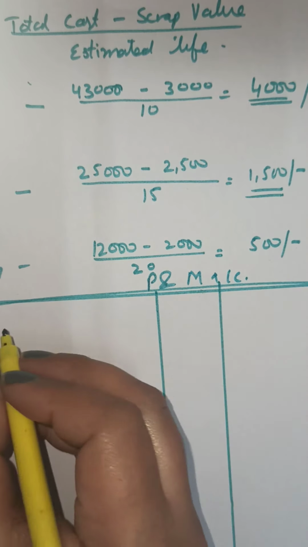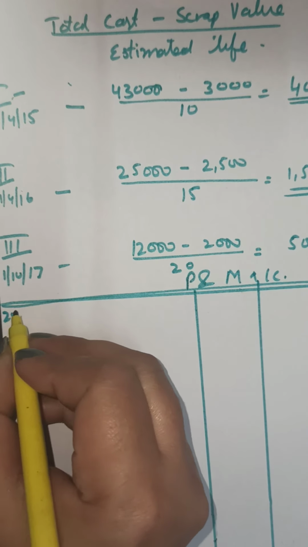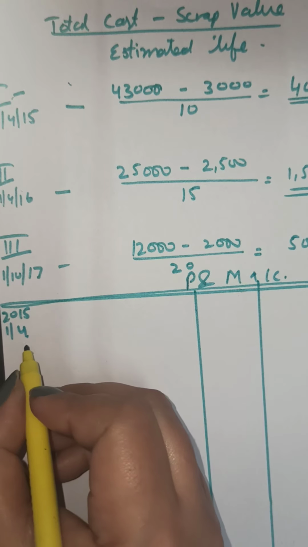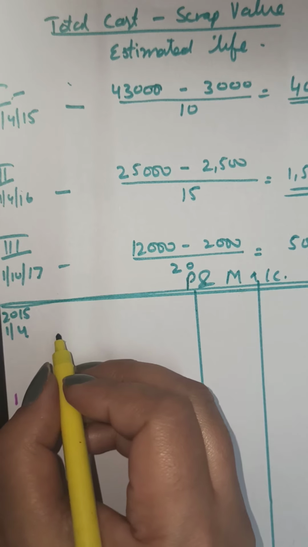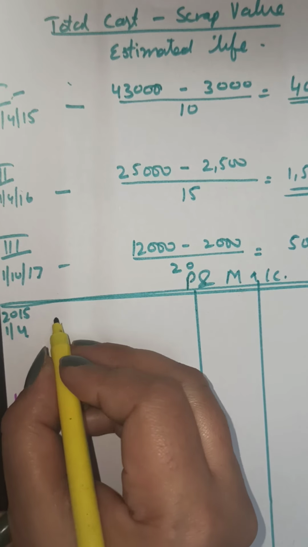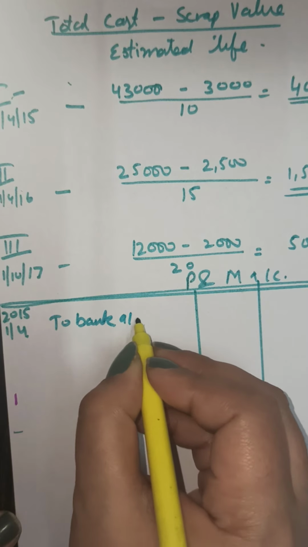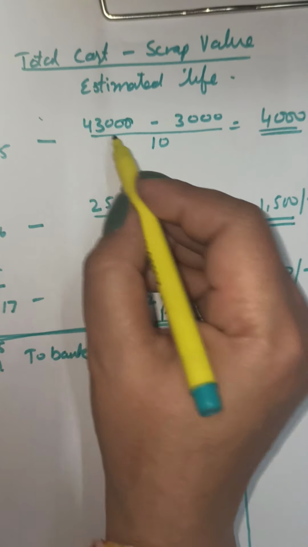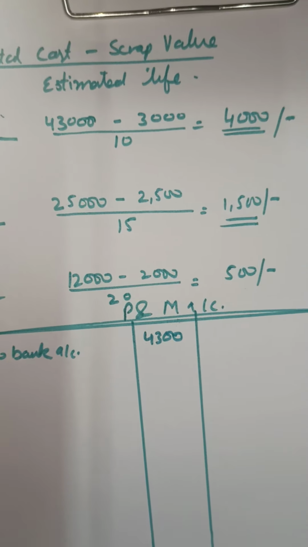The first thing that we always begin with is the date, 2015, April 1. The date is, children, very important in this question. The first thing we begin with is to bank. When the asset is purchased, it is to bank, for rupees 43,000.